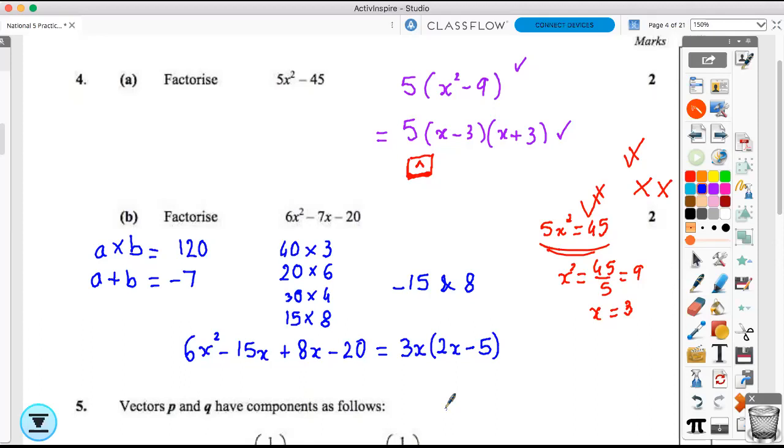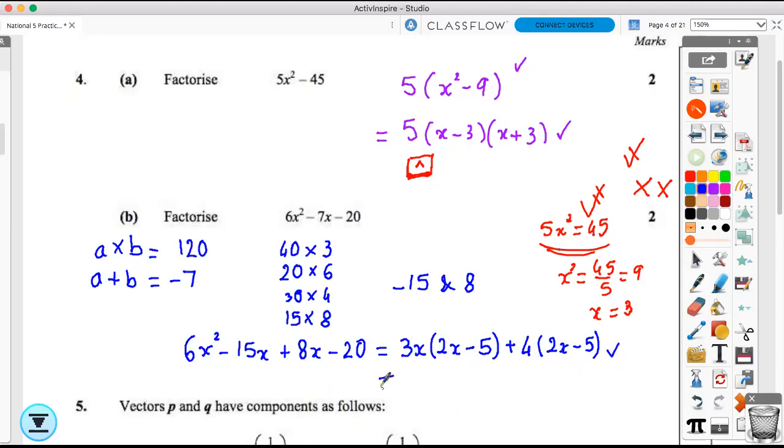So now I can factorize, and on the other side, hopefully, I will get the same thing, something times 2x minus 5. 4x minus 5. 2x minus 5. And then you've got the 4 in front. So that'd be 3x plus 4, and that's your first mark. First mark to write this.